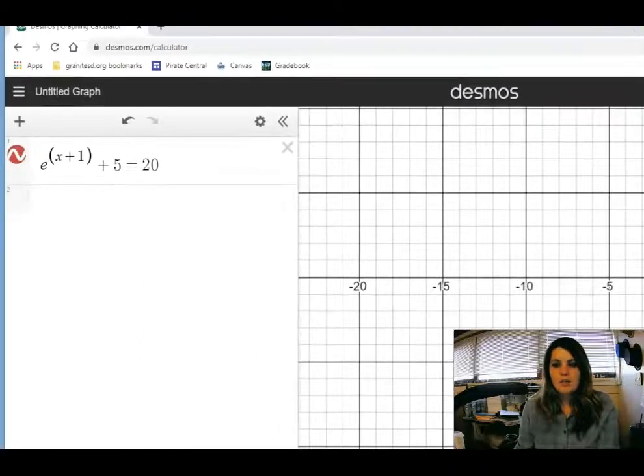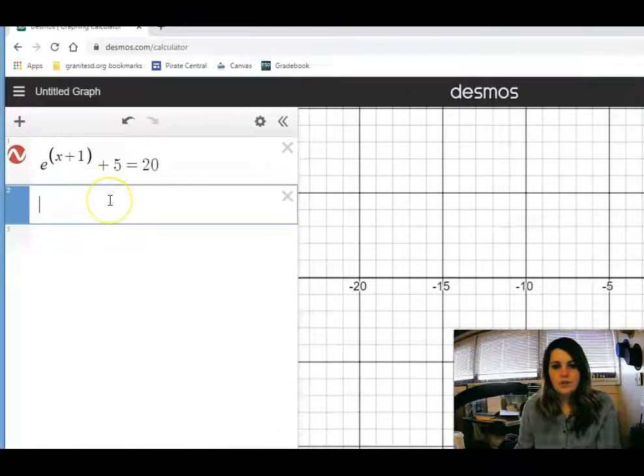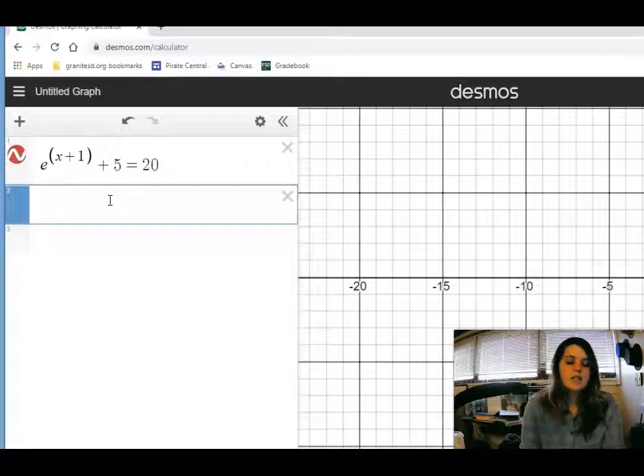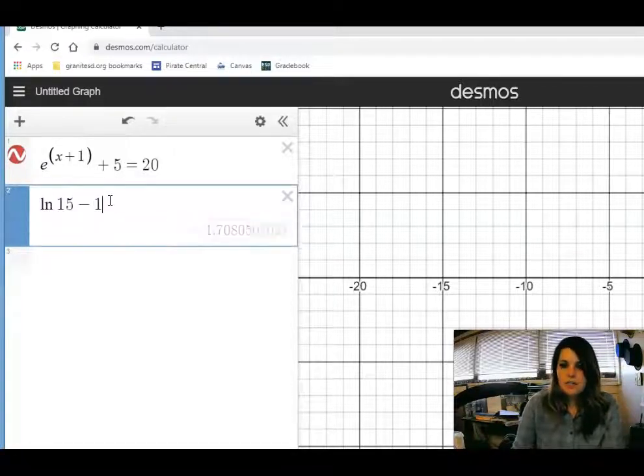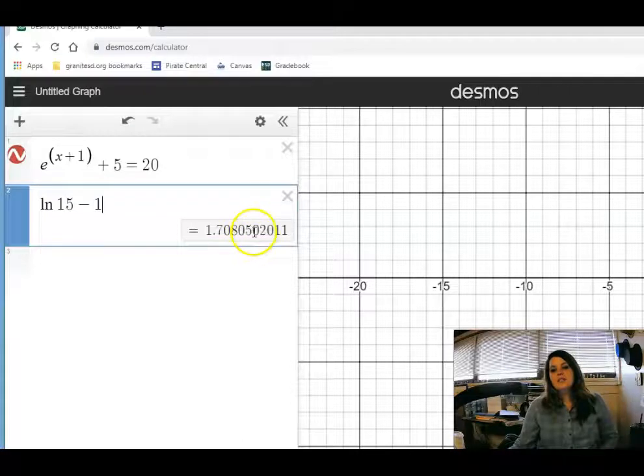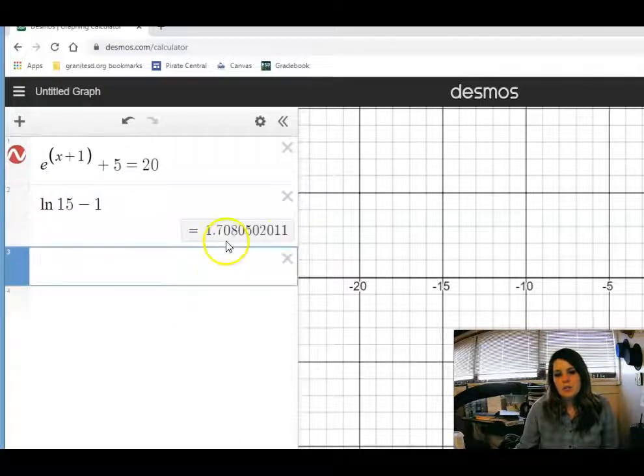Well, the reason why it's not turning out as a great answer is because if I plug in what we got, natural log 15 minus 1, you can see that the right answer is this big old exploding number.